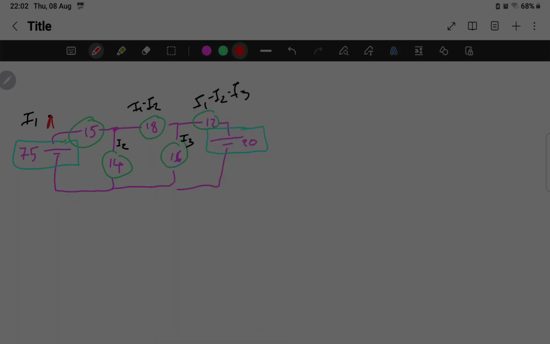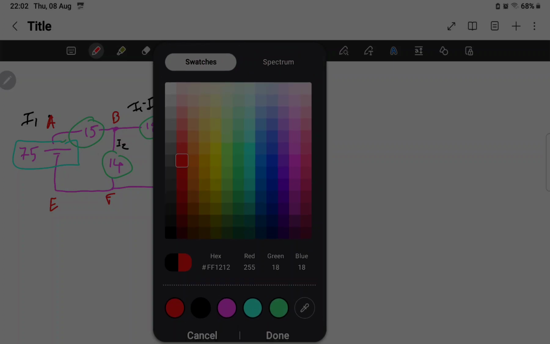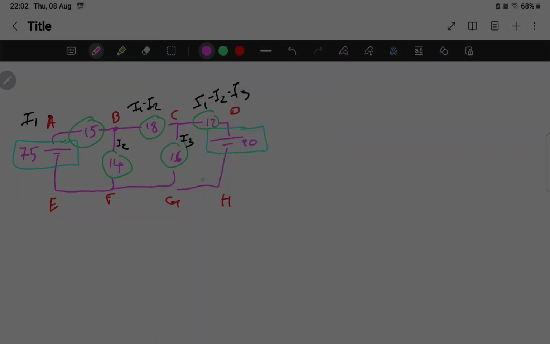This is going to be A, B, C, D, E, F, G and H, just so we do not get lost. So now we have that.